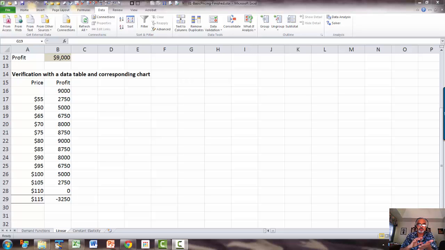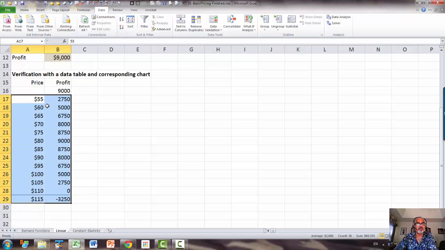So if you have set the calculation option to automatic, then data table will automatically recalculate. But if you have selected the option for all cells except data table for automatic computation, then you have to press the F9 key.